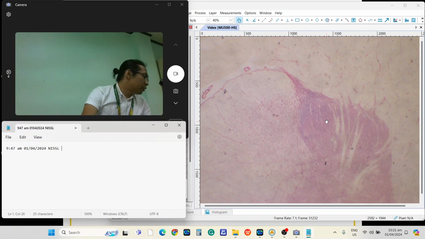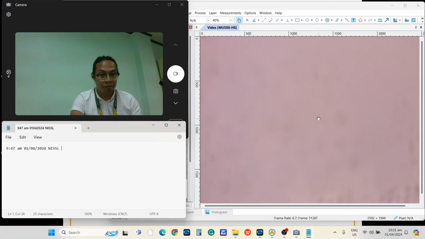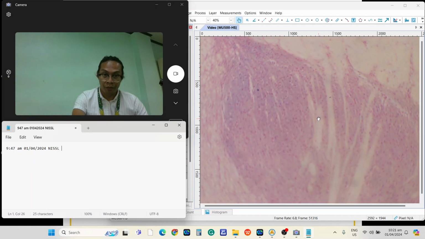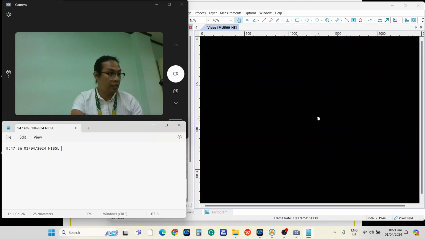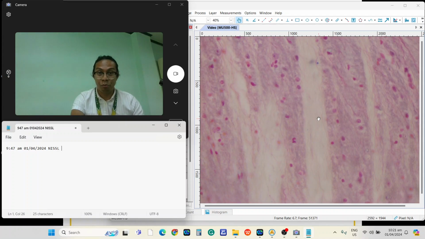So, the dorsal gray column or the dorsal horn contains small neurons. Titingnan natin siya under LPO. So, yung nakikita natin na granules, so those are neurons. Di ba? They are small.